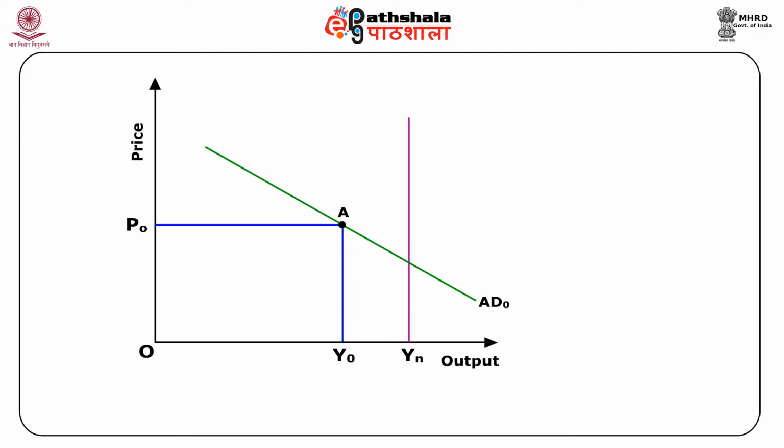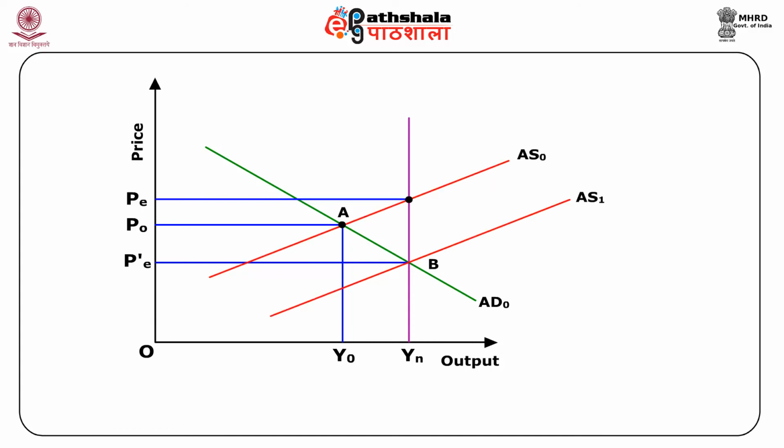Recall from the discussion in the previous module that at Yn, P is equal to PE, that is, actual price is equal to expected price. This means in the short run, when output is equal to Y0, and remember Y0 is not equal to Yn, the corresponding price level P0 may be greater than or less than PE.